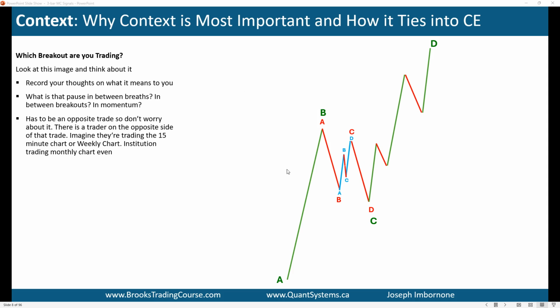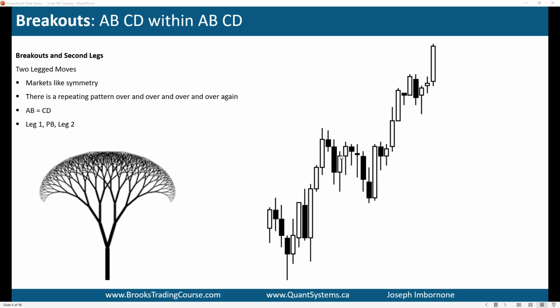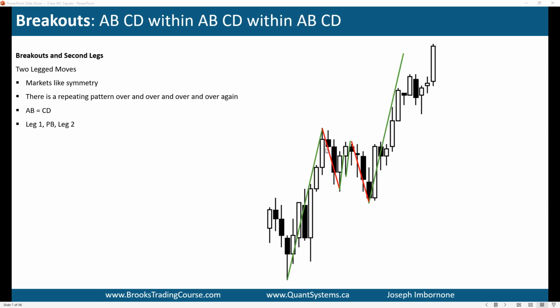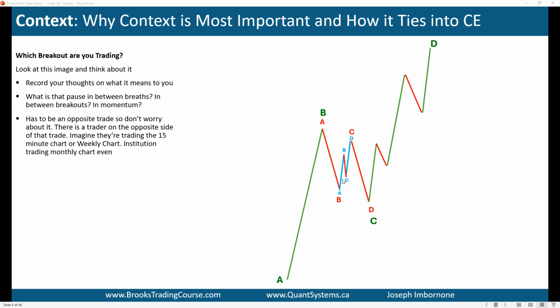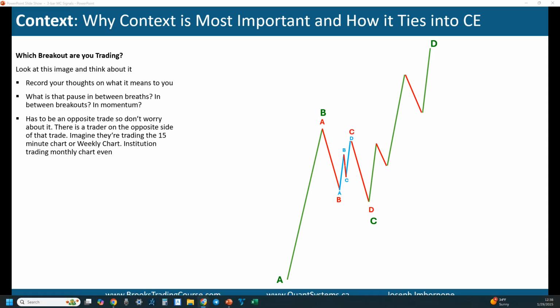I'll explain this in a moment, but you can see how complex it is. These are really just lines drawn on points on this chart. When I remove the chart, all of a sudden you can really see, wow, leg one, leg two. But in between leg one and leg two, there's a leg one, leg two. In between that leg one, leg two, there's another leg one, leg two. You see that pattern go infinitely deep.